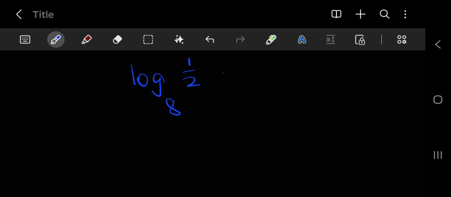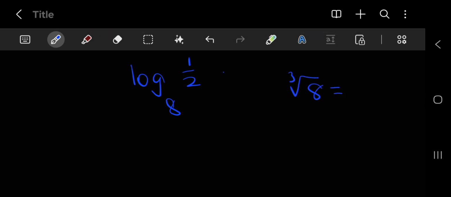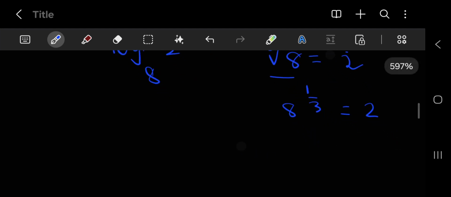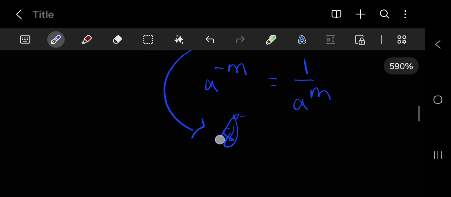So 8 power minus 1 by 3 is nothing but 1 by 8 power 1 by 3, which is nothing but 1 by 2. So can I write 8 power minus 1 by 3 is equal to 1 by 2? Yes.